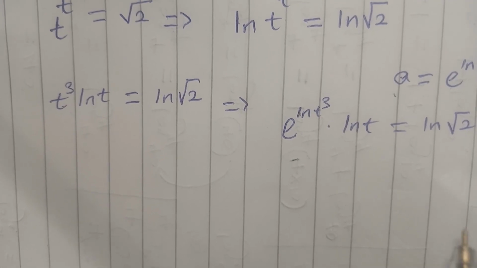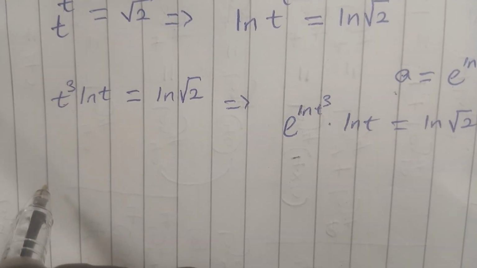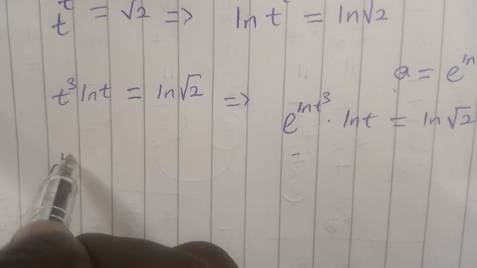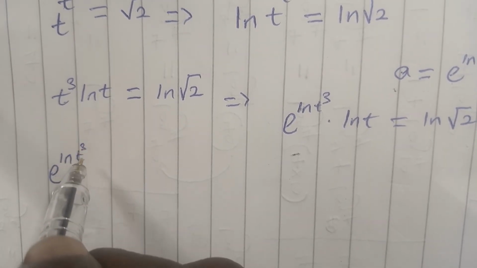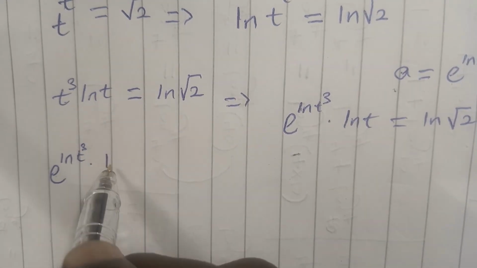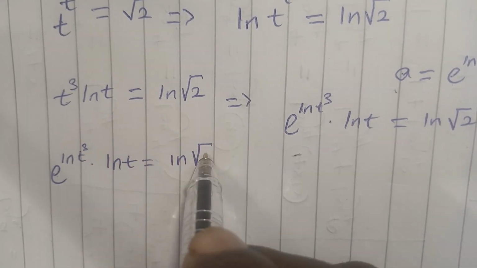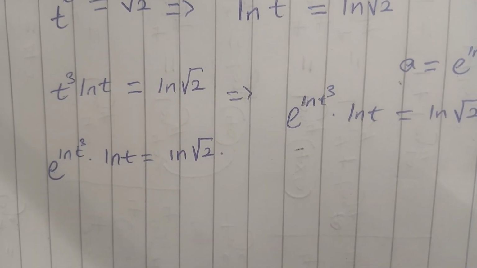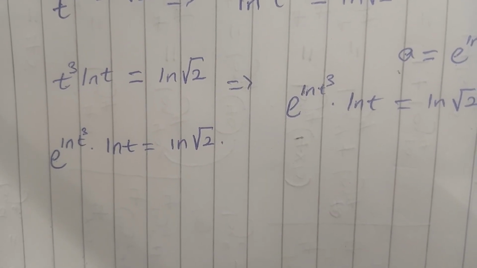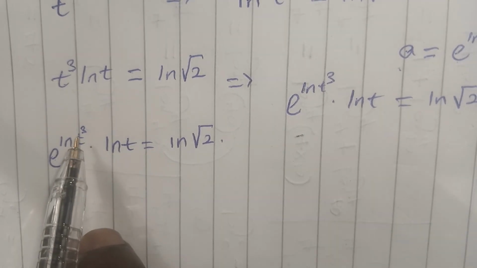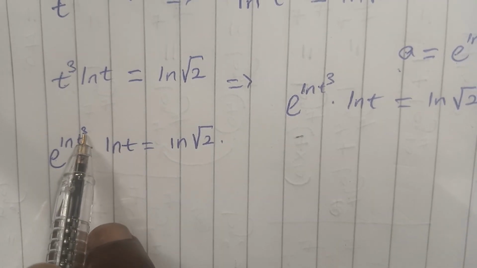So if we write the whole of this, we are going to have exponent of ln of t to the power of 3 times ln of t is equal to ln root 2. So this is what we are now having. What are we simply going to do again? Here we'll simply bring this to the back.